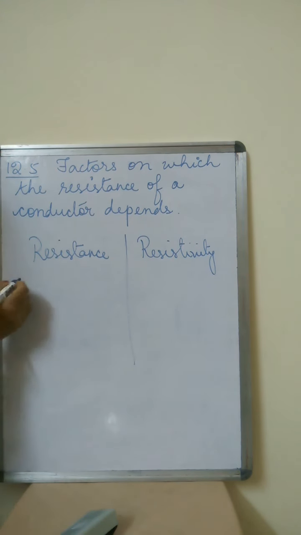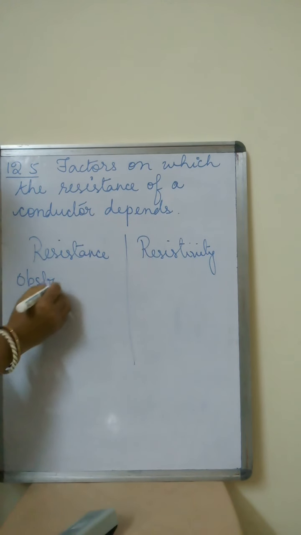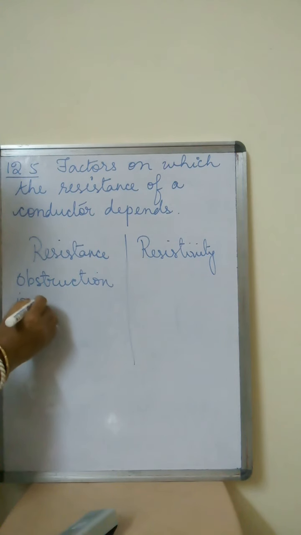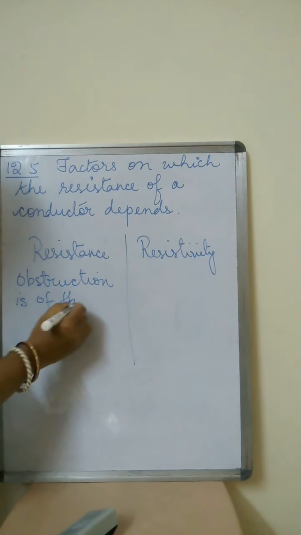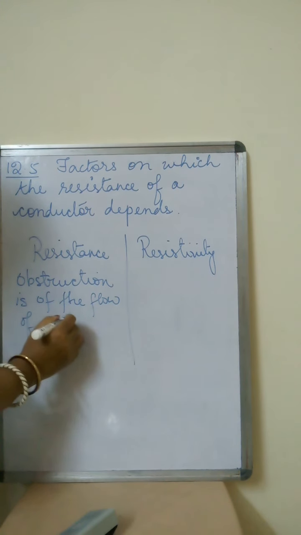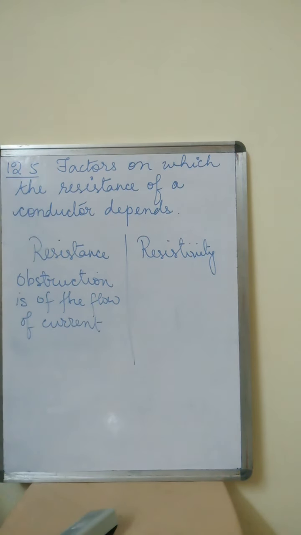Resistivity of a material is also an obstruction, the obstruction offered by a conductor of that material of length 1 meter and area of cross section 1 meter square.